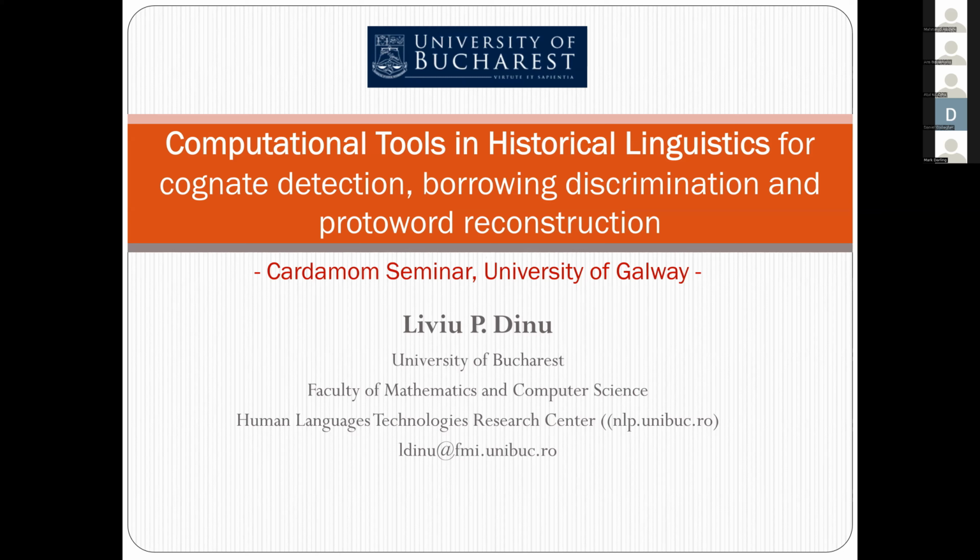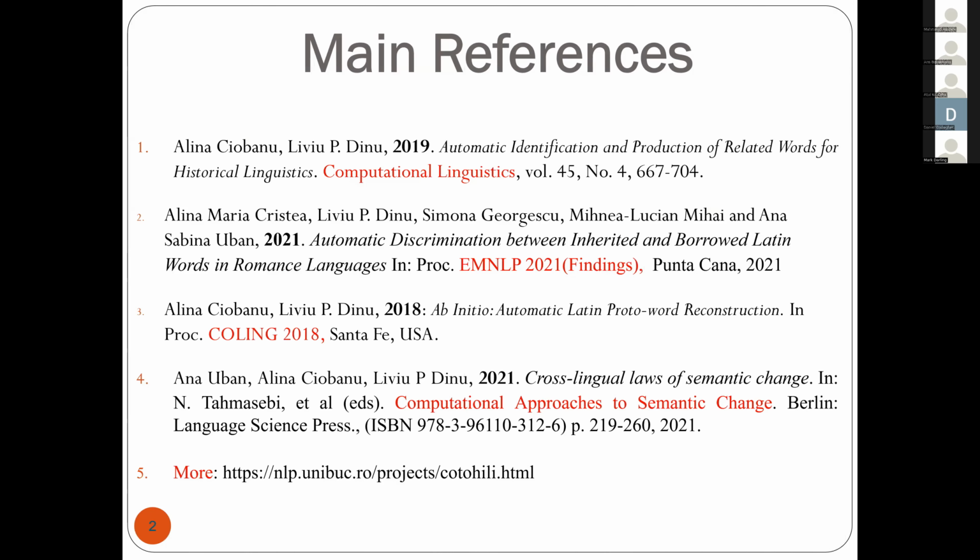As Doris already said, we work on computational approaches to historical linguistics. We have more than 10 years of work, and I present here new results and older results which we obtained before our funded project started 2 years ago.